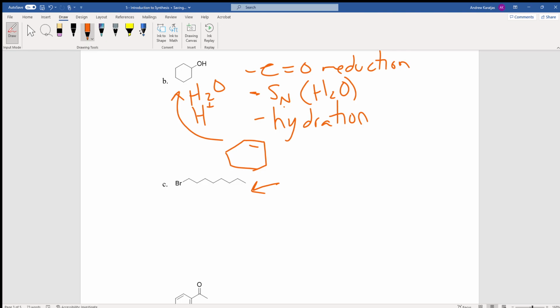And so, unless you're familiar with the anti-Markovnikov bromination, which we haven't learned yet, we basically need to focus on substitution reactions, such as being able to use PBr3 to displace an alcohol with bromine.